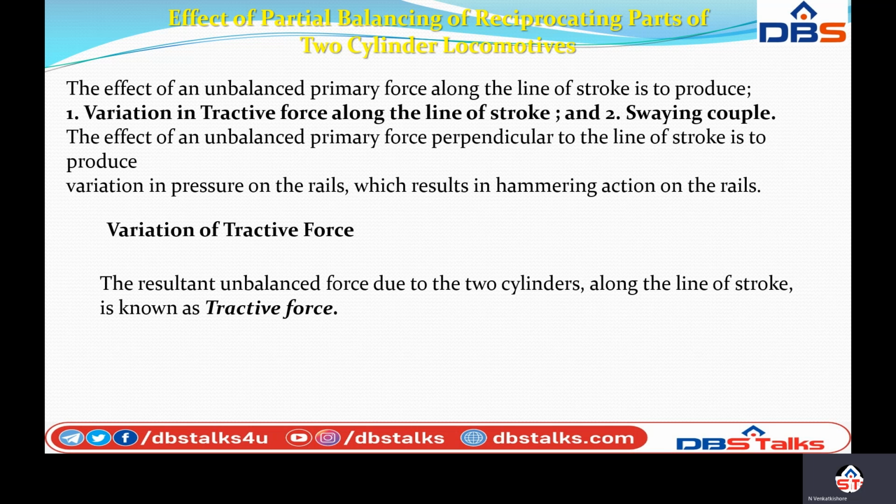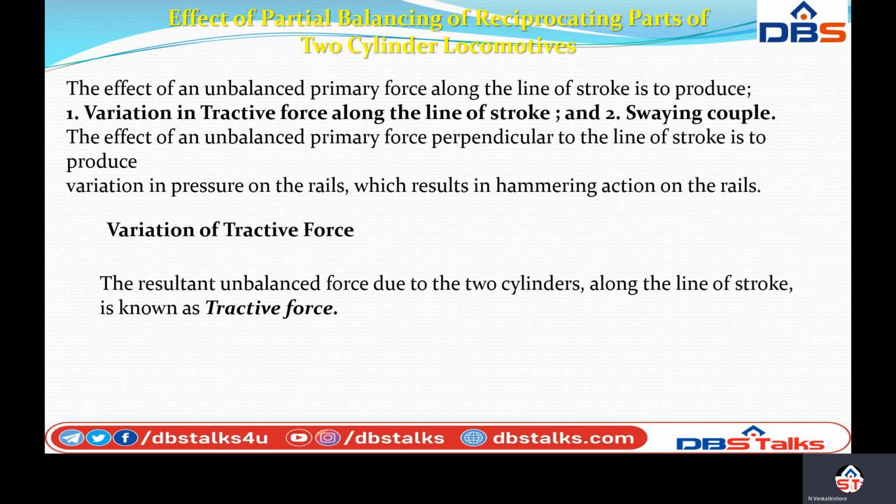The maximum magnitude of the unbalanced force perpendicular to the line of stroke is called hammer blow. We can remember it like a man operating a hammer perpendicular to the existing one.